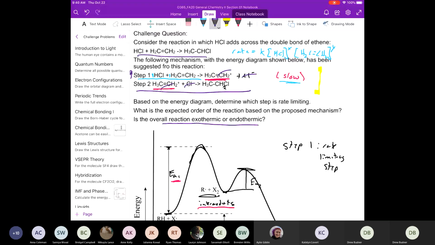The second criterion for a mechanism to be considered potentially viable is that the rate determining step, the slow step, has to give us the observed rate law. Because all of these rate laws are determined experimentally, we always determine the rate law first, see how fast the reaction is going, and then propose a mechanism for how that reaction is occurring.